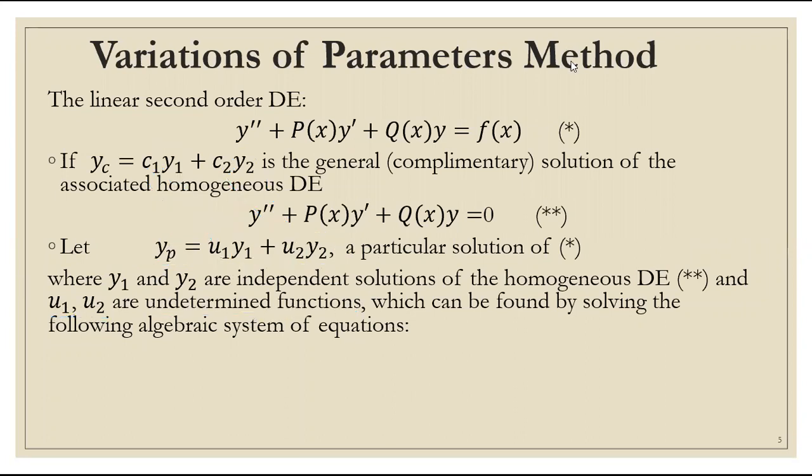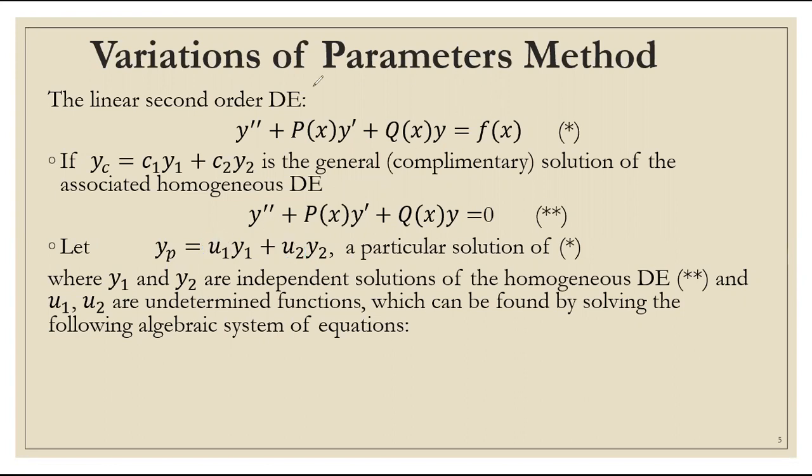Now I have a small question. If I have two unknowns, and I have to find them, how many equations do I need to determine the values of two unknowns? Two equations, yes, you are right.